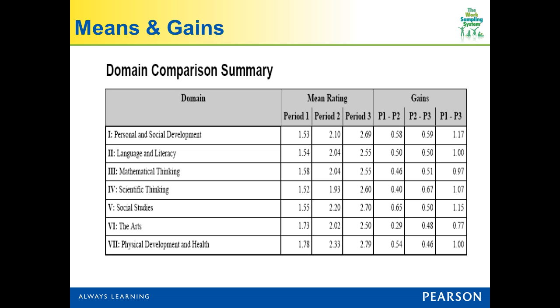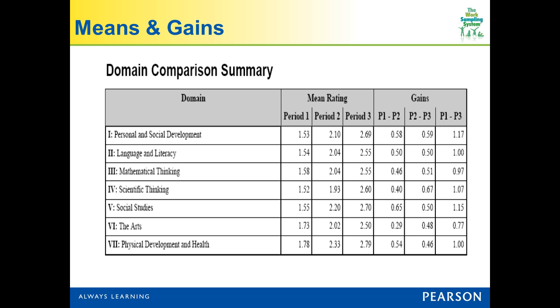The gains help us to see from period 1 to period 2 what kinds of gains were made. So from fall to winter in this report, we can see there was the 0.58 gain. We can see from winter to spring, there was a little bit more of a gain, and from fall to spring, a 1.17.